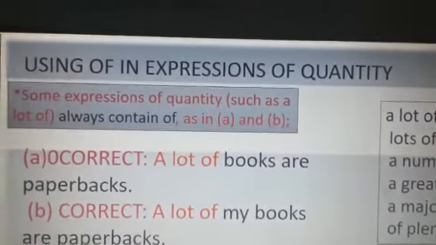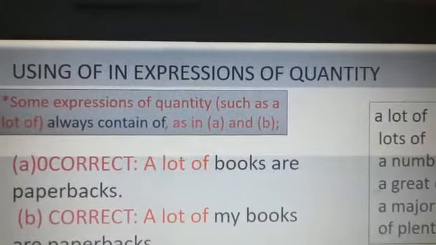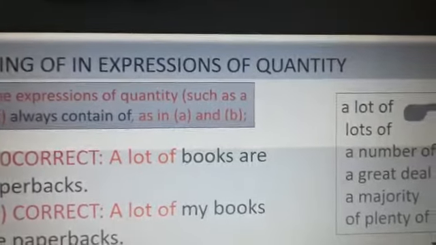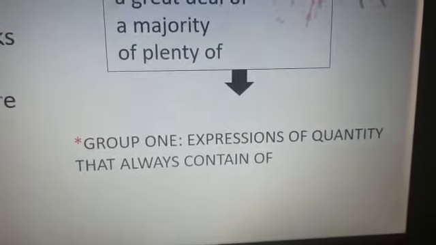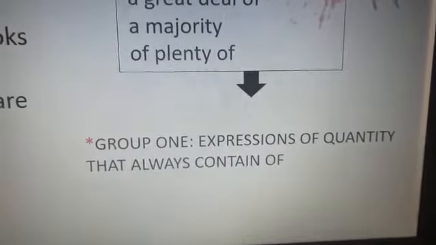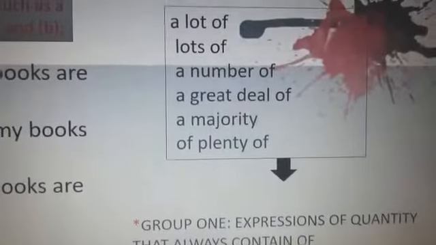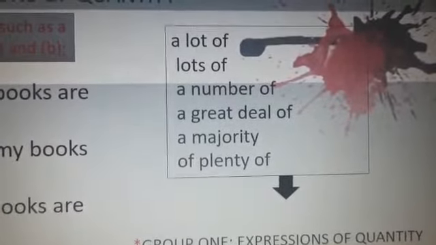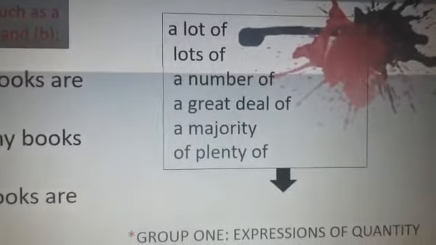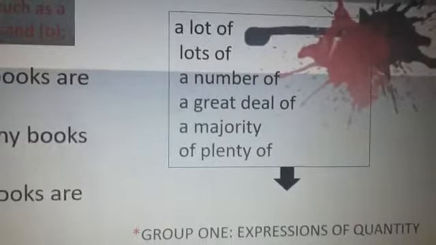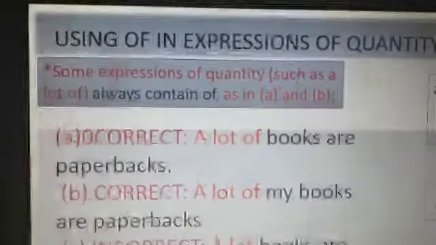I explain the use of of in expressions of quantity. Group 1: expressions of quantity that always contain of: a lot of, lots of, a number of, a great deal of, a majority of, plenty of.